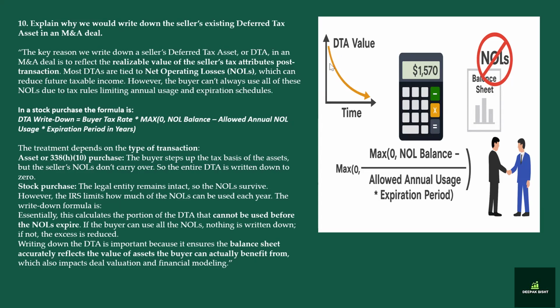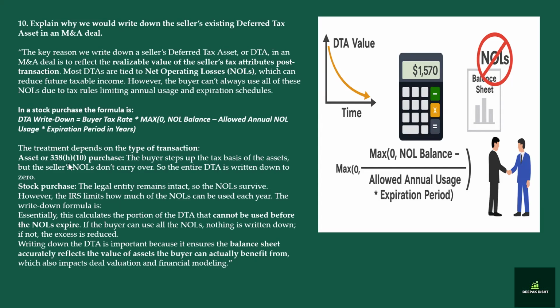The DTA value decreases with time, and we would try not to carry forward net operating losses, and we will try to adjust those DTAs and net operating losses as much as possible in our goodwill. But it would depend on the kind of transaction which has happened.